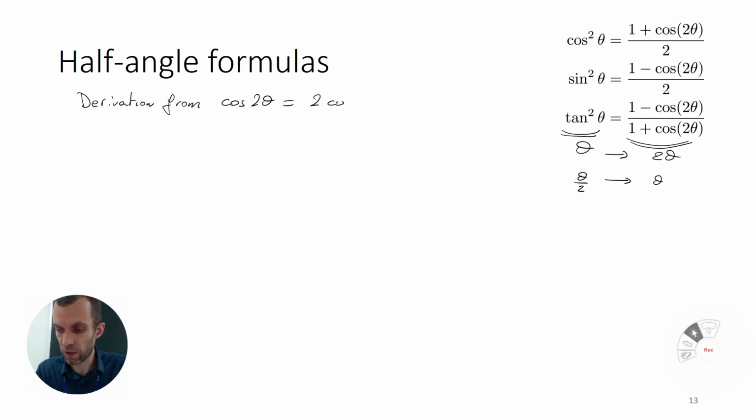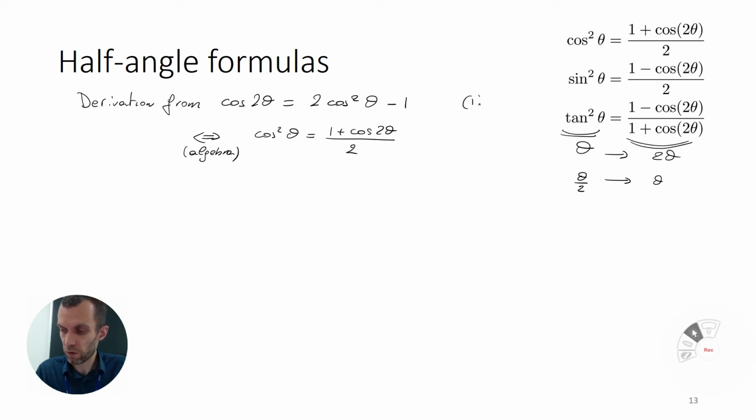On the one hand, we had that cosine 2 theta is 2 times cosine squared of theta minus 1. And so if you do some algebra, if you just manipulate these expressions and you bring cosine squared to the left-hand side, you can see that cosine squared is equal to 1 plus cosine 2 theta divided by 2.